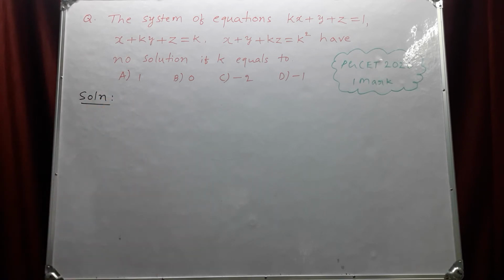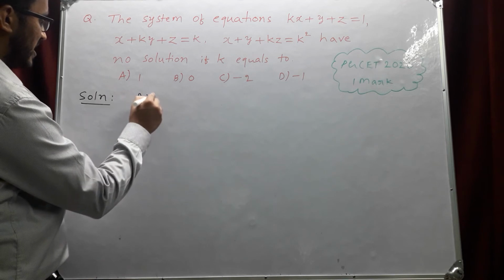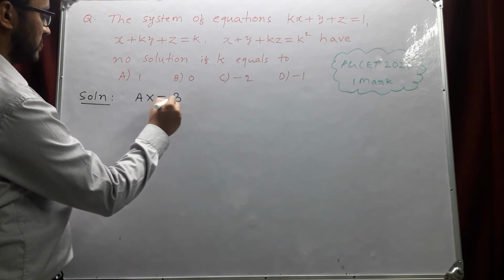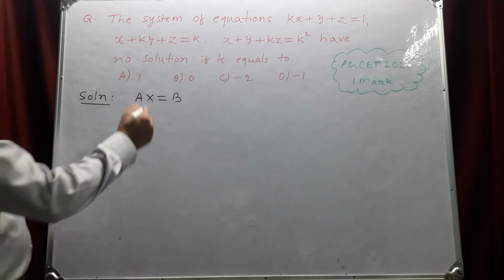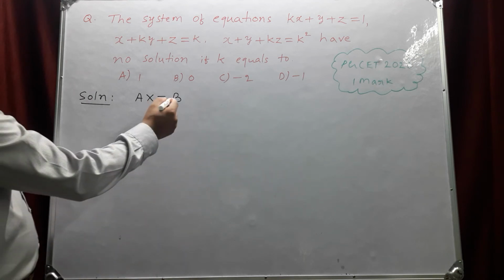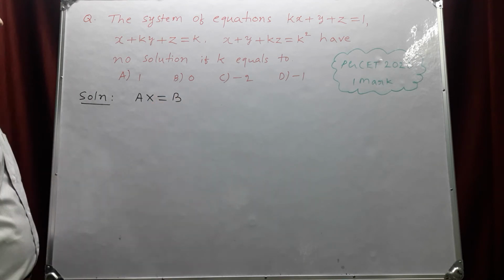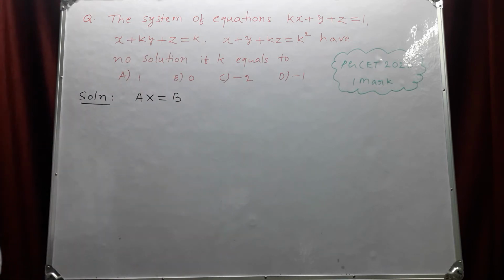Any system of equations we can write in the form of Ax is equal to b, where A is the coefficient matrix, x is the column matrix containing variables, b is the constants containing RHS of the equation.